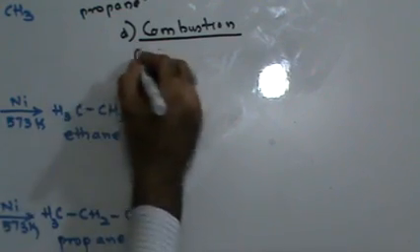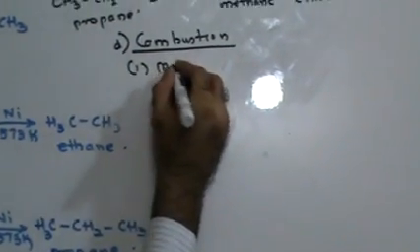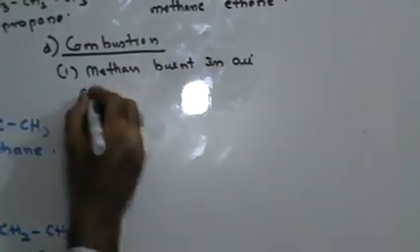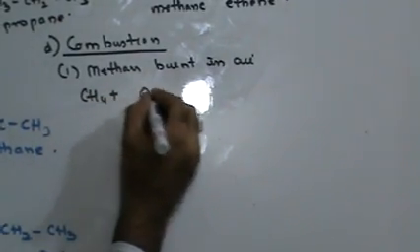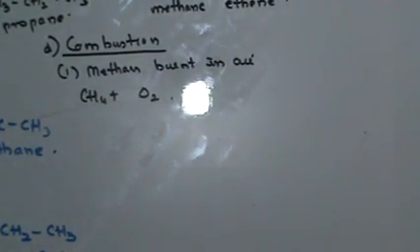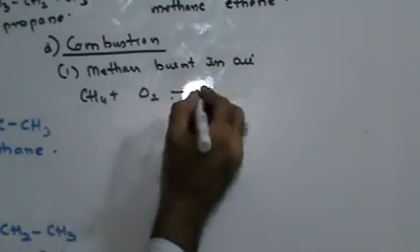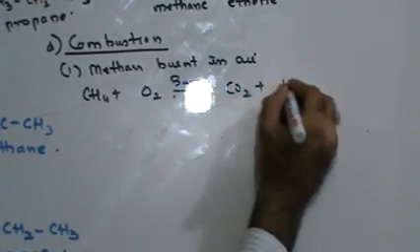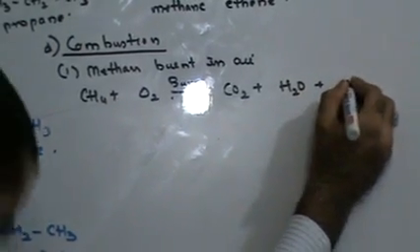So suppose I give you a reaction that methane is burnt in air. Methane, CH4, burnt in air, oxygen, right? What will you get? When any organic compound is burnt in air, you get carbon dioxide, water and heat.